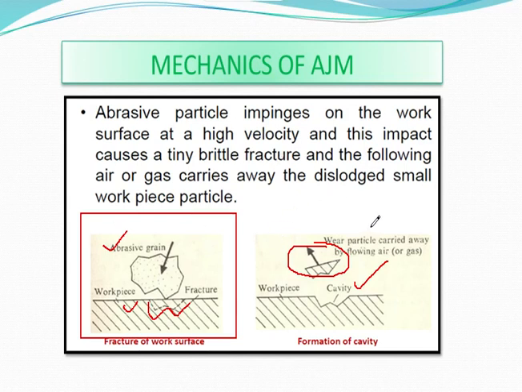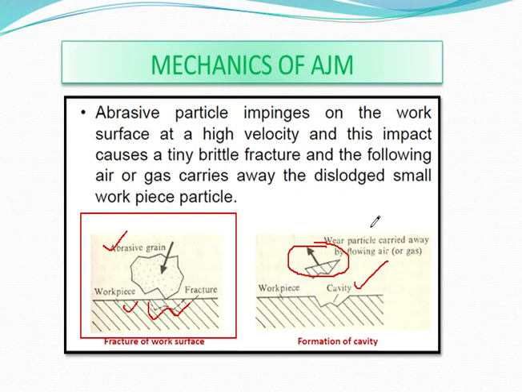So if I go through the mechanism of AJM, then one thing I can state is that in abrasive jet machining, abrasive particles are made to impinge on the work material at a high velocity. The jet of abrasive particles is carried by the carrier gas or air.